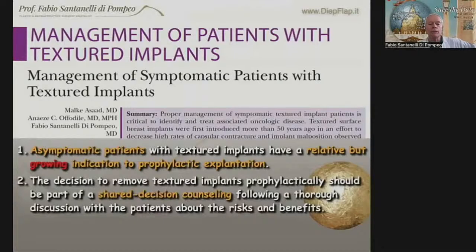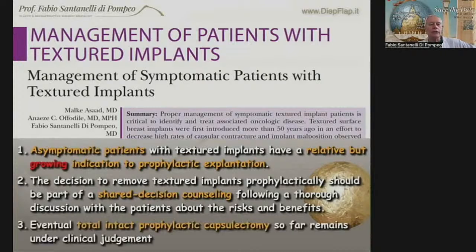The decision whether to remove the implant prophylactically should be part of shared decision counseling, following a broad discussion with the patient about the risks and benefits. Everything should be clearly explained to the patient, both the risk of occurrence of the disease and the risk of the prophylactic surgery.